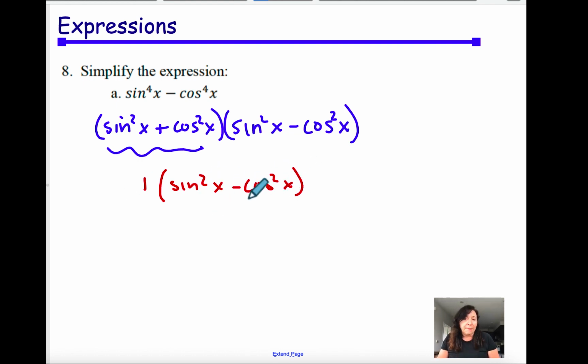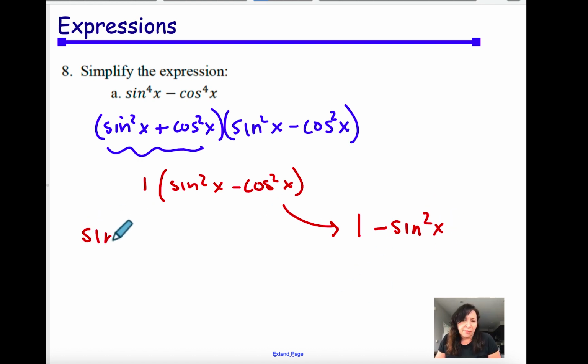Well, I'm done because I got rid of that, but I might be able to simplify this a little bit. Let me try to simplify this. If I wanted to replace cosine squared, I can make that 1 minus sine squared of x. And let's see what I would get.